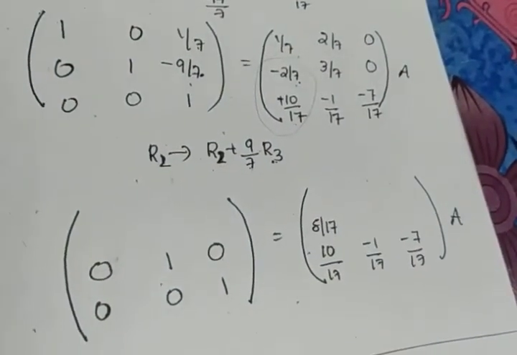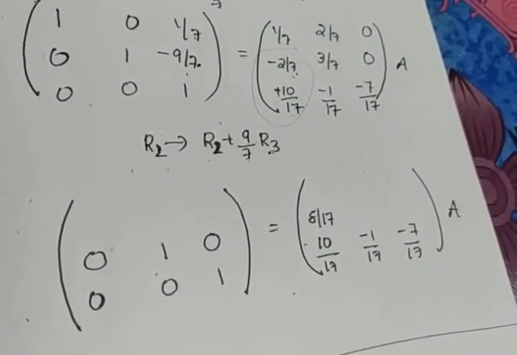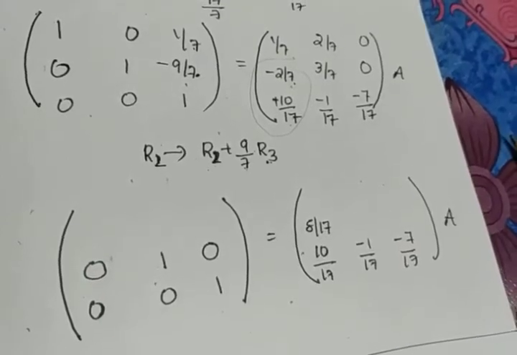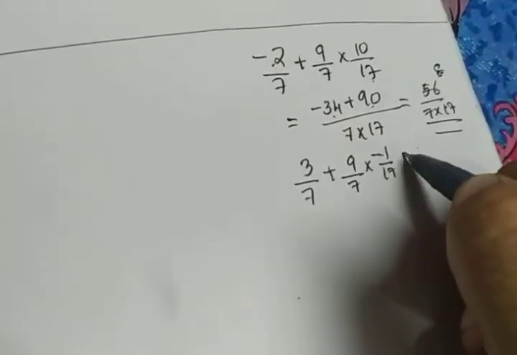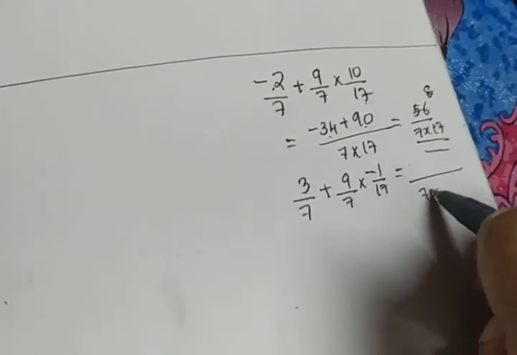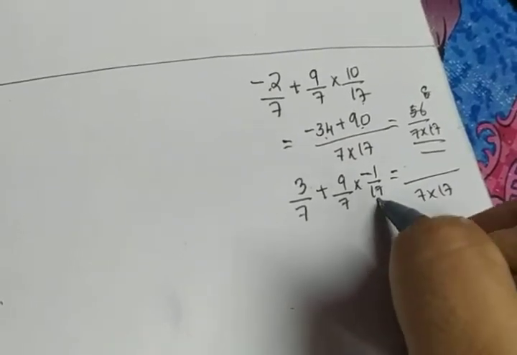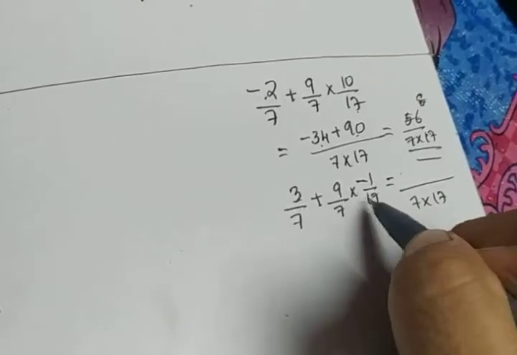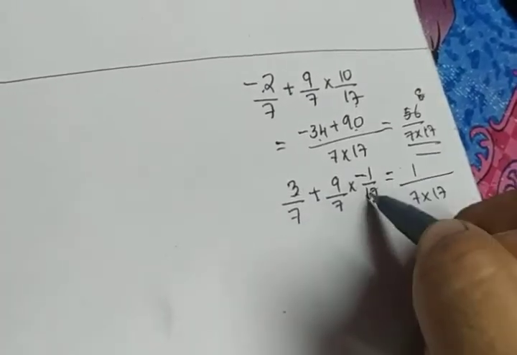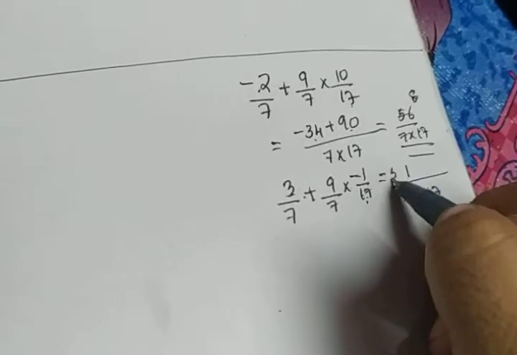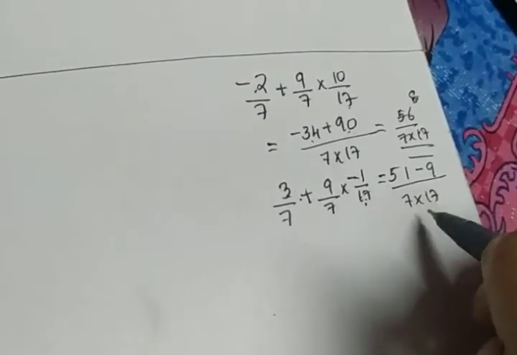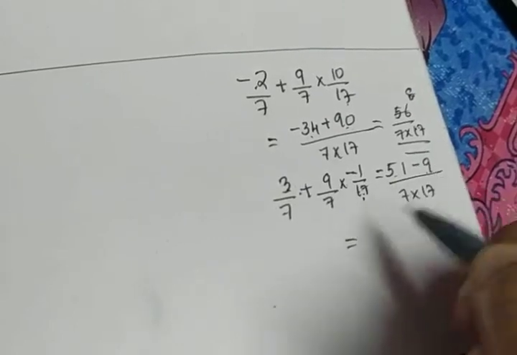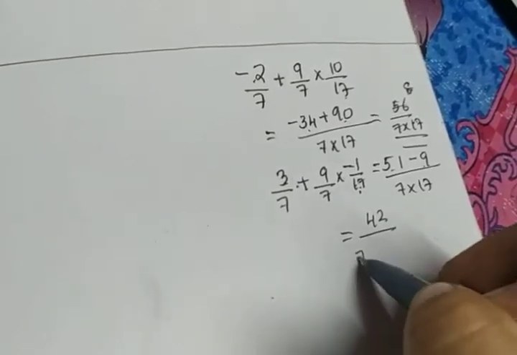The next thing, how we will get: 3 by 7 plus 9 by 7 into minus 1 by 17. Okay, so here also the LCM will be 7 into 17. We have to multiply 17 into 3, which is 51, minus 9, by 7 into 17. 51 minus 9 is 42 by 7 into 17.